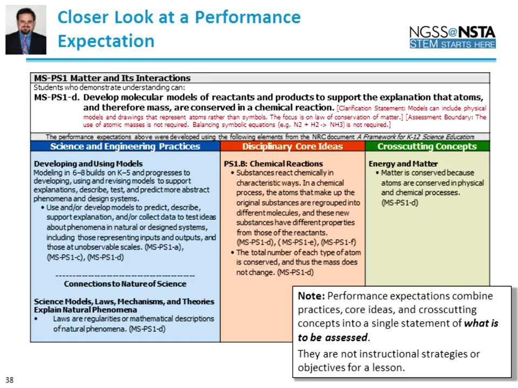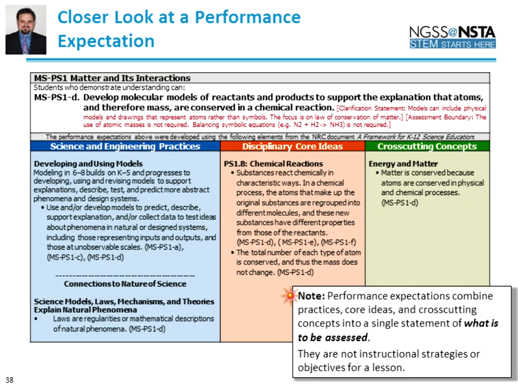So here's an example of one of the standards, a middle school statement. We've got: develop molecular models of reactants and products to support the explanation that atoms, and therefore mass, are conserved in a chemical reaction. So what we're looking at there is a performance expectation. And it's important to keep aware of what the role of performance expectations is.